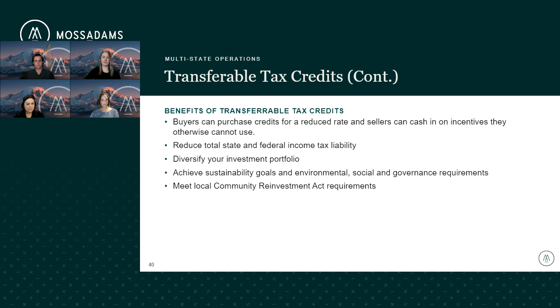There's a variety of benefits to transferable credits, but most notably is that ability to buy credits at a reduced rate to offset that tax liability, or for taxpayers who generated credits that they can't use in a certain jurisdiction, being able to sell those for profit kind of helps out both sides of the party.